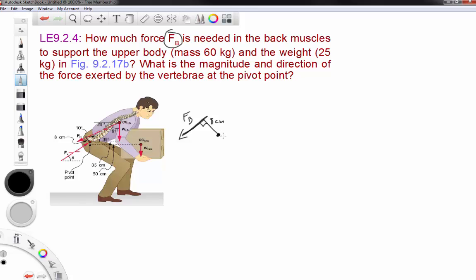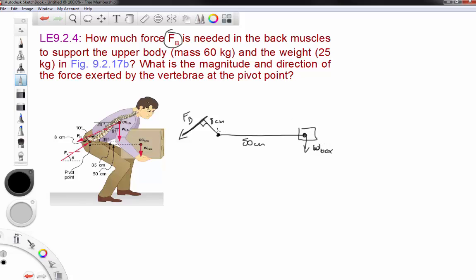Now the other end is that there is a distance of 50 centimeters from that same pivot point to the center of gravity for the box. So this would be the weight of the box, W box.